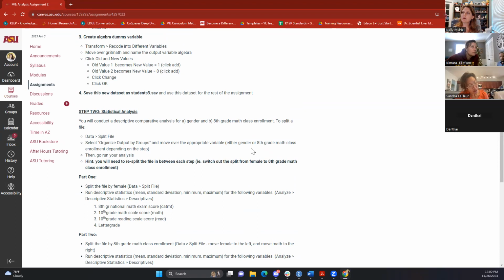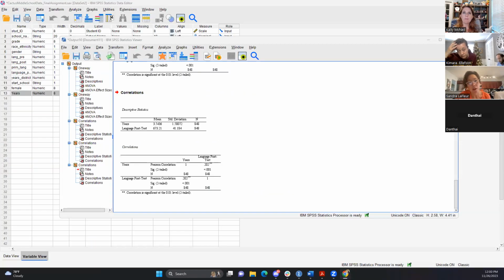Maybe we should just go to data, split file. But we just don't have variables to split them by right now is what I'm saying. The variable we would want to split it by... years. Couldn't we do years in district? Clear all that again for a second, or maybe just keep adding to it.